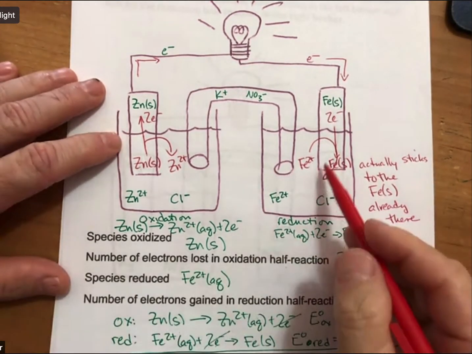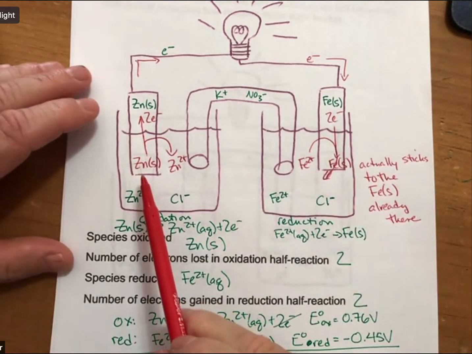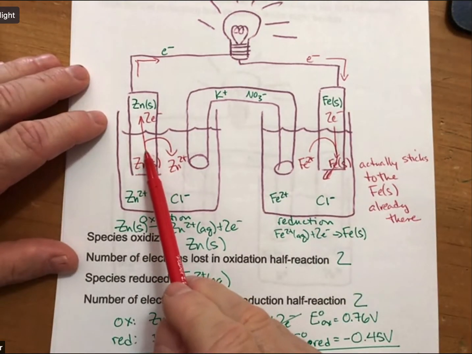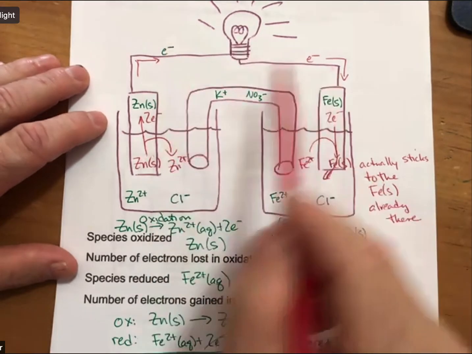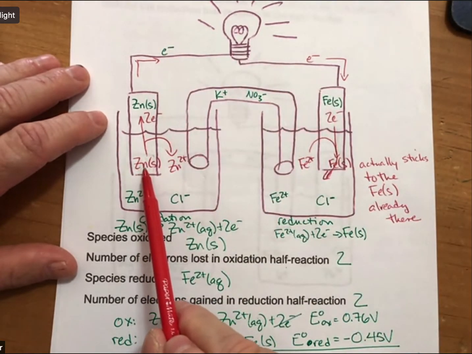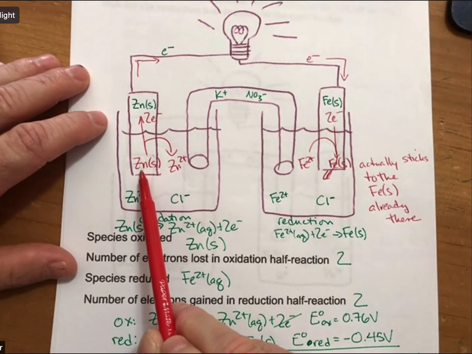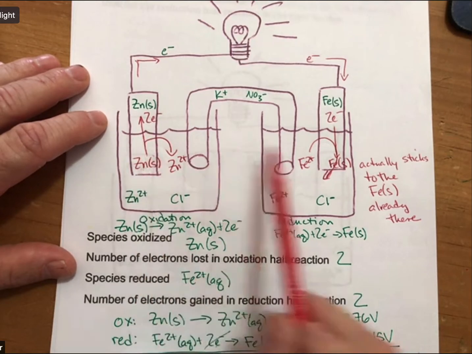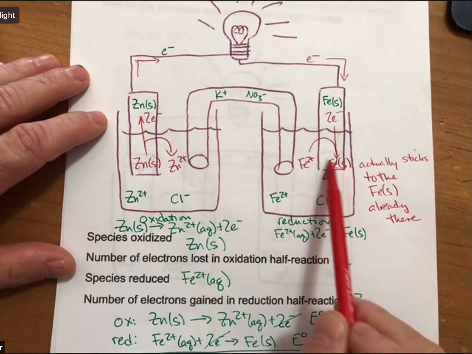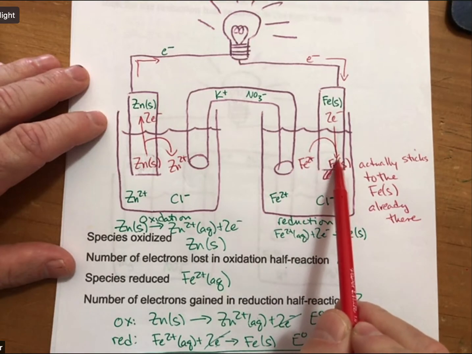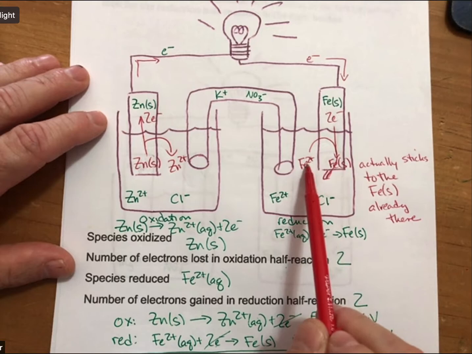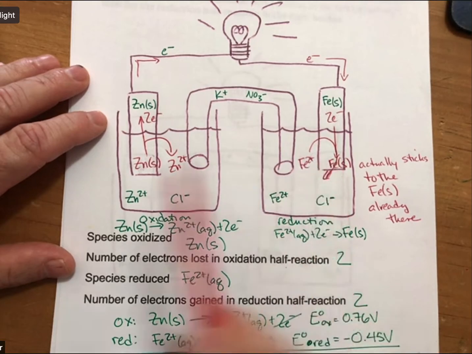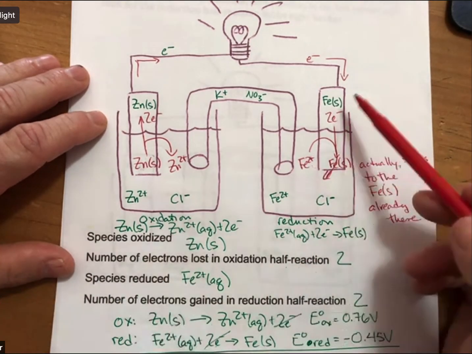So what you will observe over time as this voltaic cell, as this battery keeps going, is the zinc solid will react away, so there will be less zinc here, and the iron solid will become bigger, bulkier, as the iron solid from the solution deposits on the iron solid that's already there.